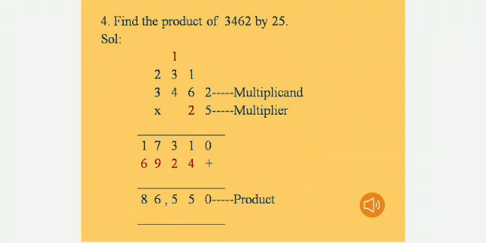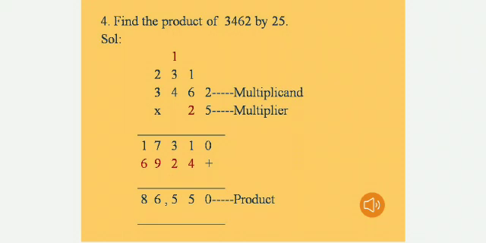You can see 5 2s are 10, 1 you have to carry to the next number, 0 down. 5 6s are 30, 30 plus 1 will be 31, 3 carry to the next number and 1 down. 5 4s are 20, 20 plus the carry 3 will become 23, 2 carry to the next number, 3 down. 5 3s are 15, 15 plus 2 will be 17. So here I finished multiplication of the unit place with all the multiplicand numbers.